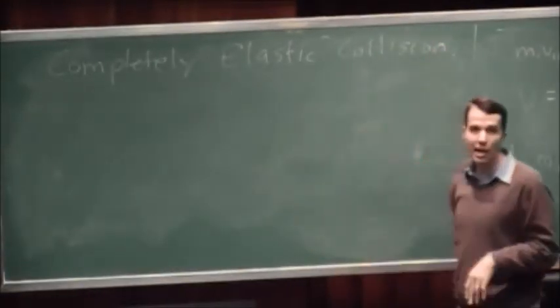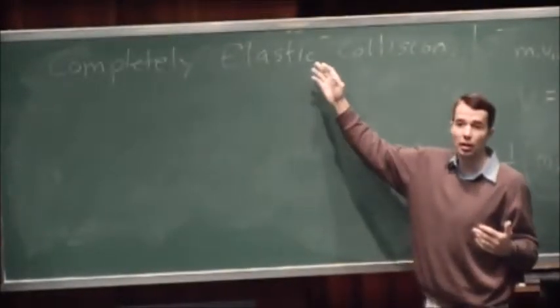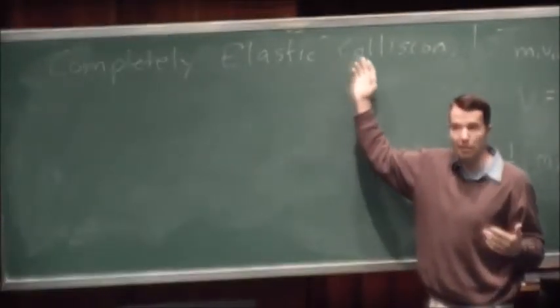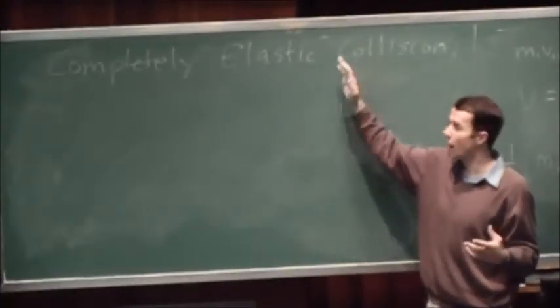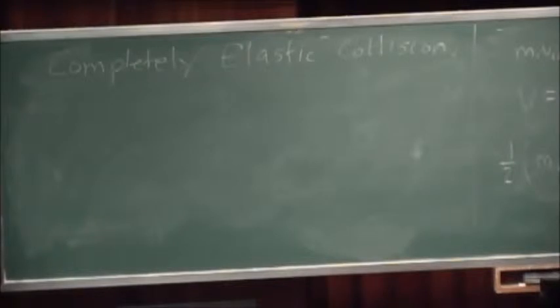And I just want to emphasize, in the macroscopic world in which we live, to get a completely elastic collision is extremely hard to do. There's always some amount of inelasticity. There's always a little bit of energy lost. Even in billiard balls, right? When you hear them collide, you hear something.